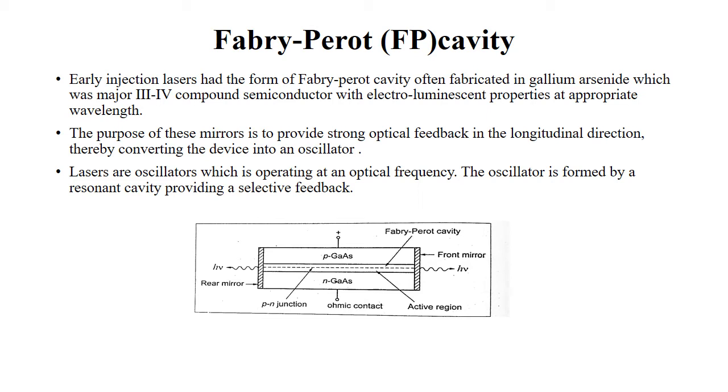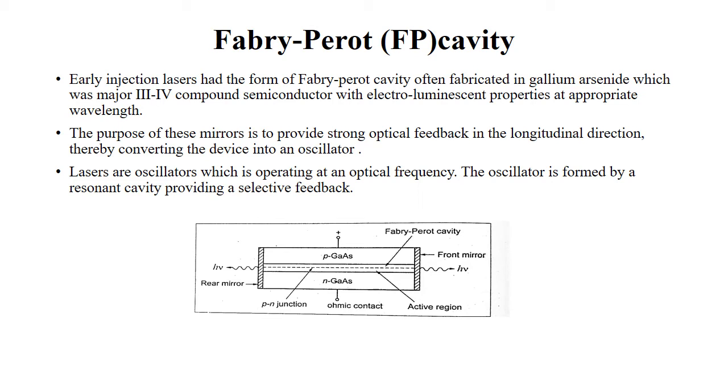The purpose of these mirrors is to provide strong optical feedback in the longitudinal direction, thereby converting the device into an oscillator. Lasers are oscillators operating at an optical frequency. The oscillator is formed by a resonant cavity which provides selective feedback.